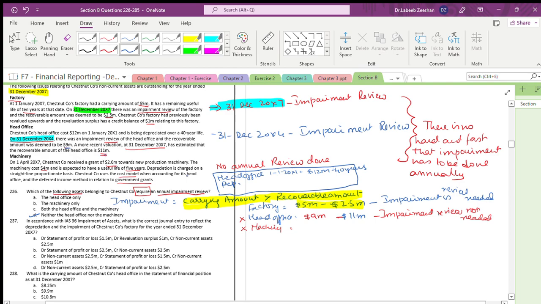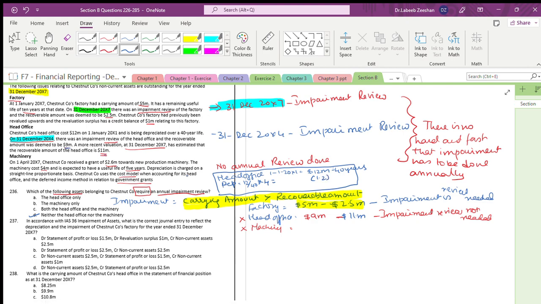If you take 12 divided by 40, into how many years? 4 years. How much will you get? 1.2 for 4 years.